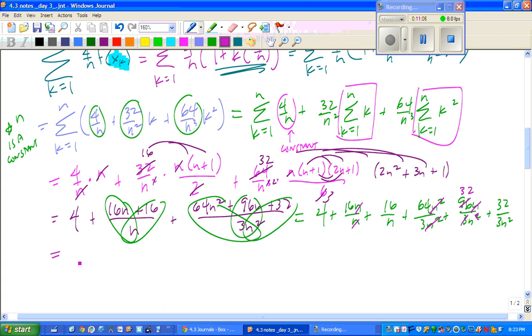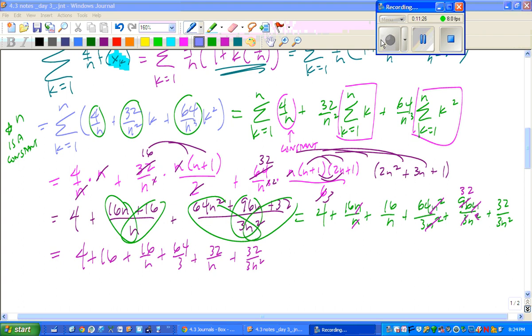So we're left with 4 plus 16 plus 16 over n plus 64 over 3 plus 32 over n plus 32 over 3n squared.